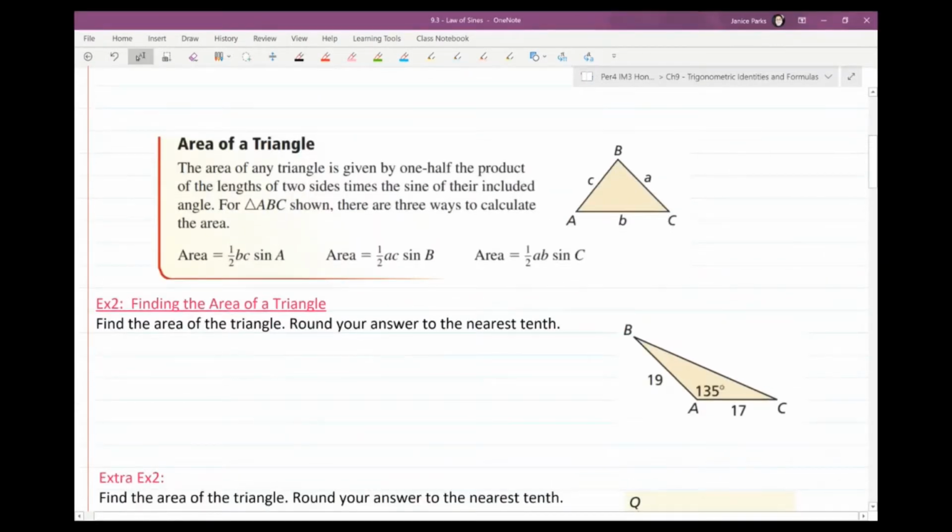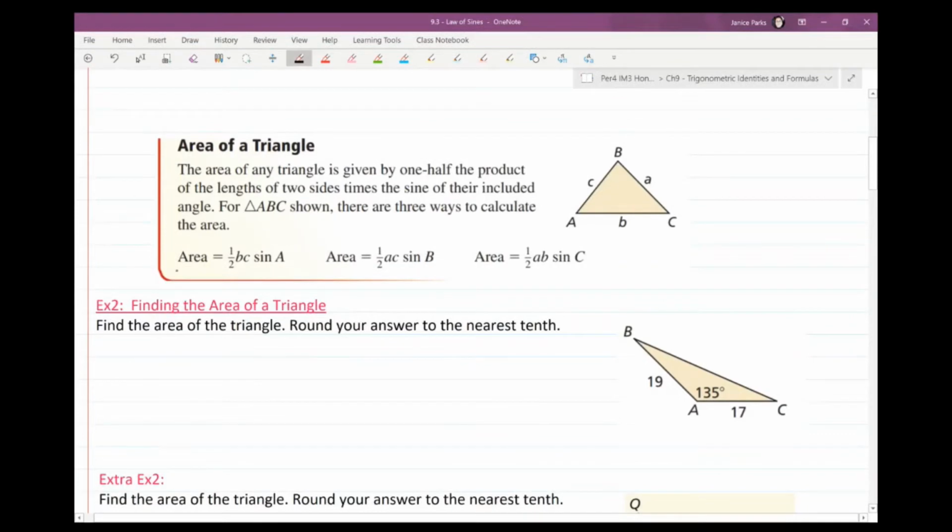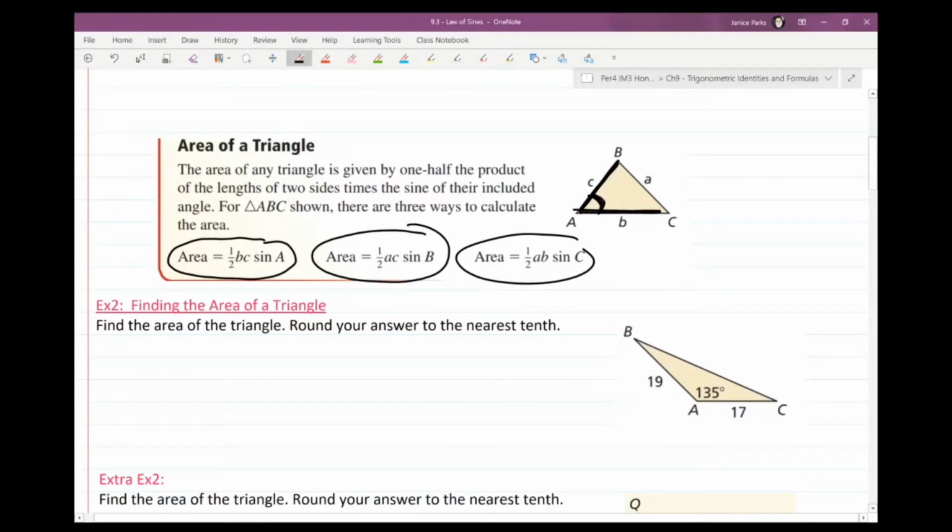So to use these formulas here for area, as long as you know 2 sides of a triangle and the angle in between, then you can use these formulas. So it's basically 1/2 times the 2 sides times sine of whatever angle's given. So to double check, in this case, they give us 2 sides and the angle in between.